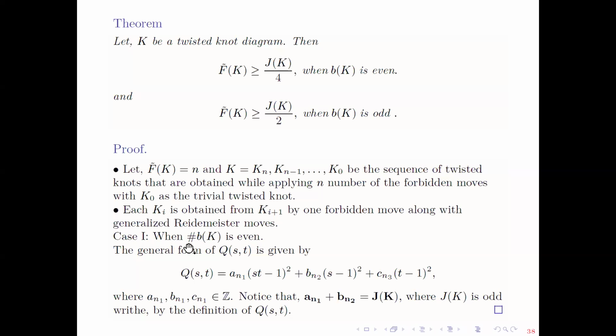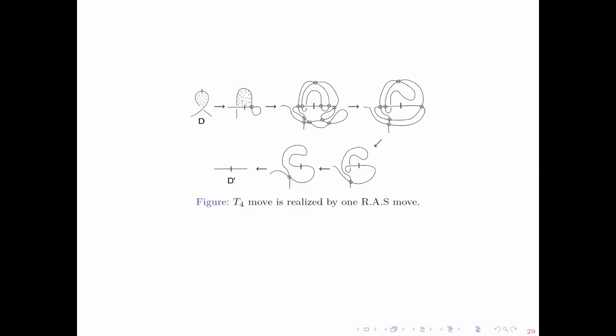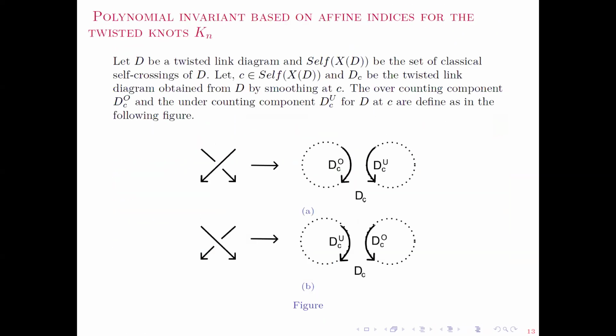See, case 1 is the number of bars is even. So if you remember the polynomial structure, there were two terms in the polynomial. Maybe I should just go there. Wait, this is 38, right? Yeah, here.